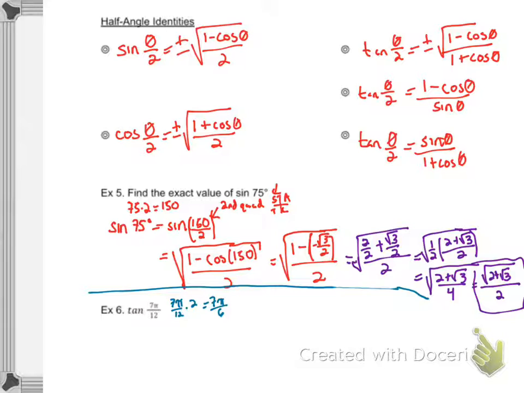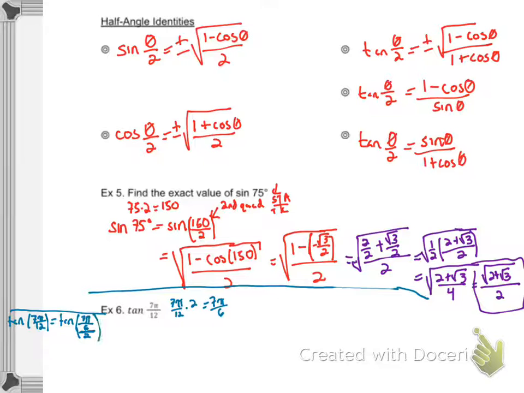And we see that is on our unit circle. So I have tan of 7 pi over 12 equals tan of 7 pi over 6 divided by 2.